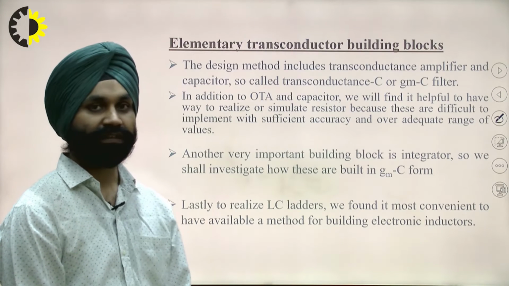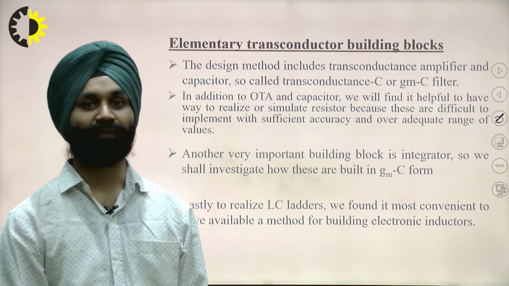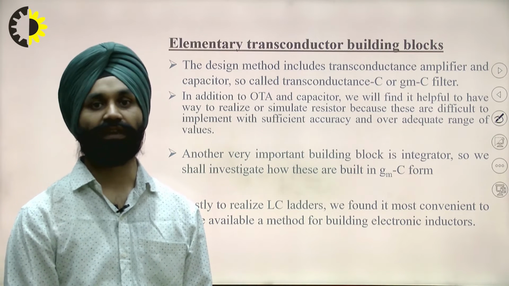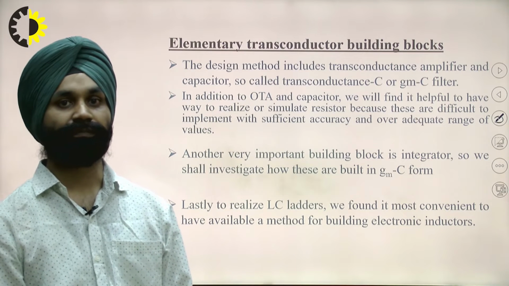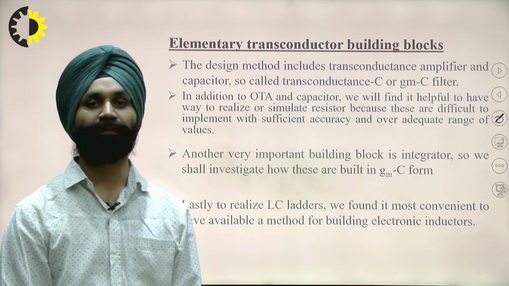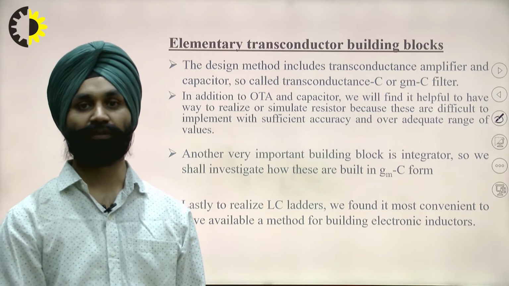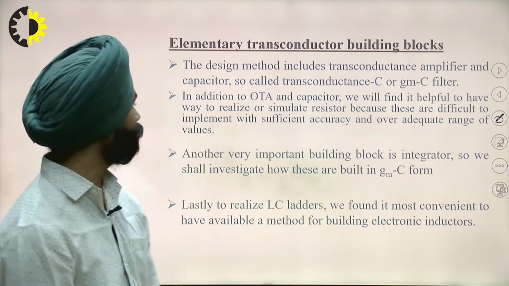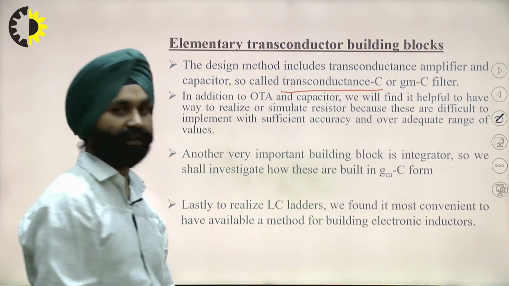Also we have discussed that this transconductance can be combined with a capacitor to make different building blocks like gyrators and integrators, which are the basic building blocks for a filter to be designed. So most of the time we will use transconductance with capacitor.